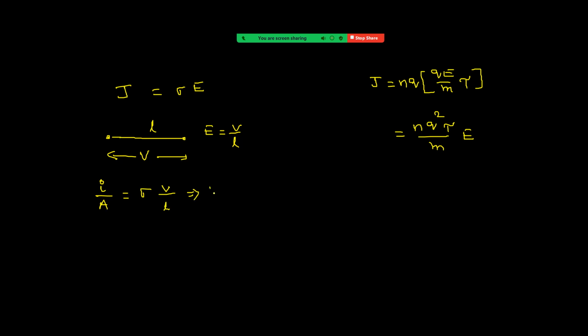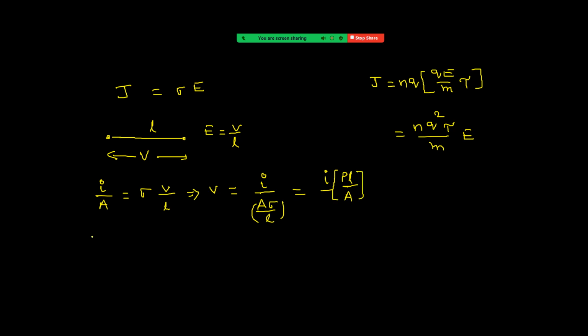Now from this, see what we get. V equal to I by A sigma by L, or writing this as I into L by A sigma, and 1 by sigma is known as rho.